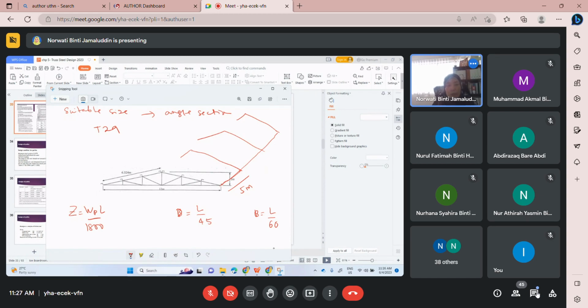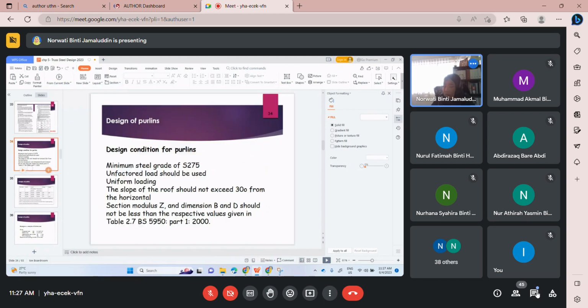So it says WP is the unfactored load, which means 1.0 GK plus 1.0 QK. Remember, I'll stress again, this is the typical load combination. In a real case, you need to decide which load combination is the most severe case.